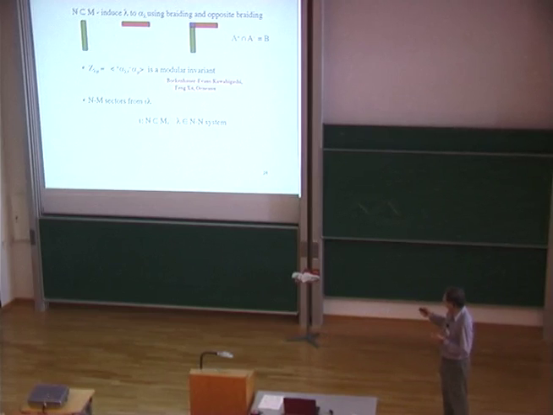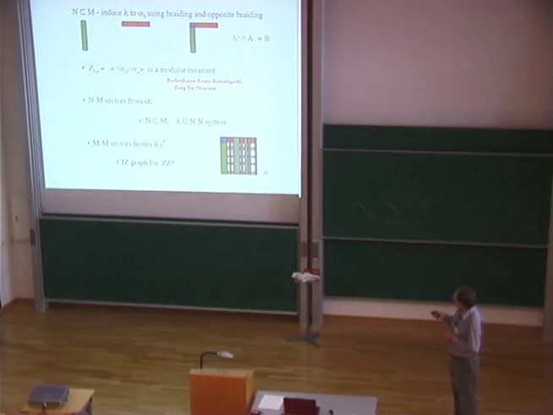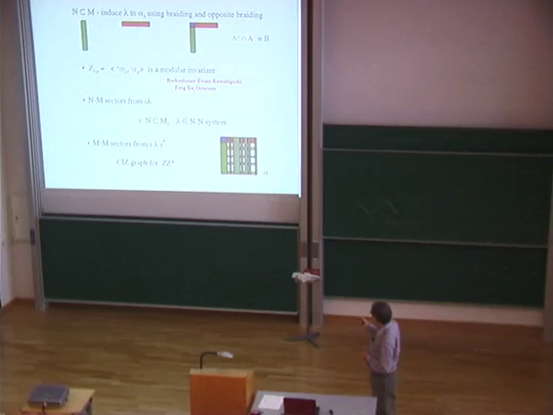Now there's another thing I have to take into account, and that's I also generate MM sectors upstairs by the ones downstairs. I can do it either by writing down these combinations here and decomposing into irreducibles, or as suggested by this picture here, I can take my alpha plus and my alpha minus, take all sorts of products, and as long as your braiding is non-degenerate, you get the same answer.